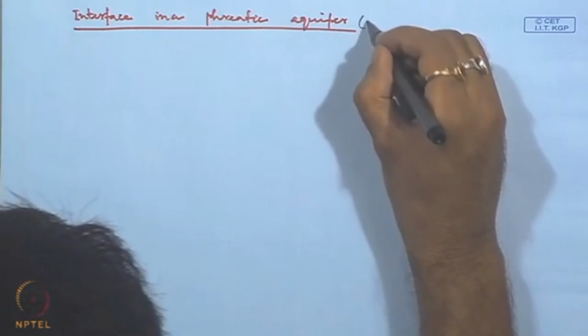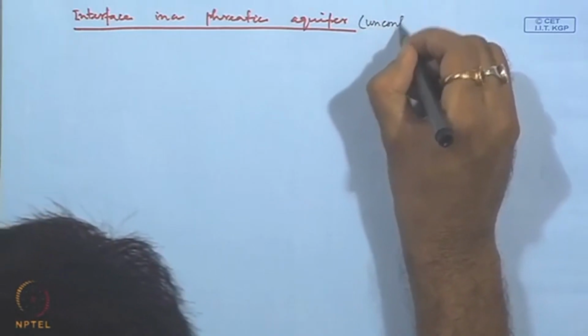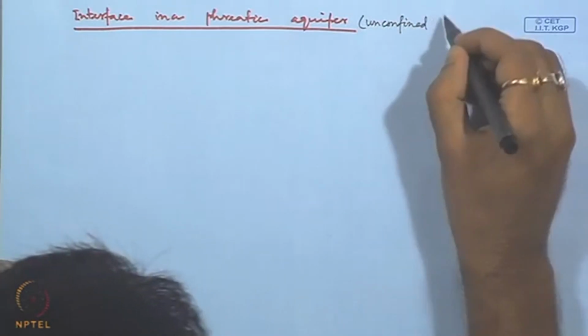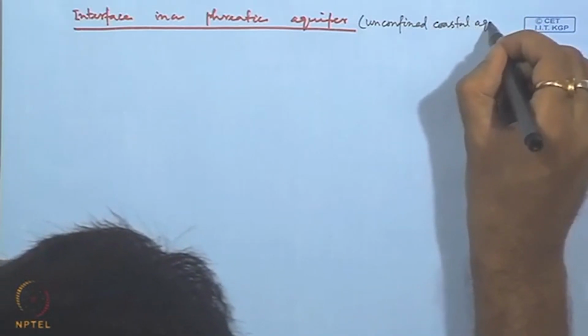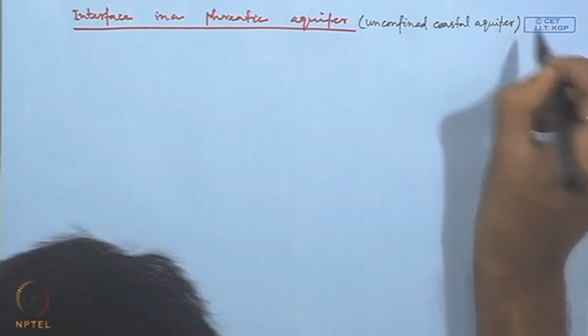So, in this phreatic aquifer, this is also our unconfined coastal aquifer.